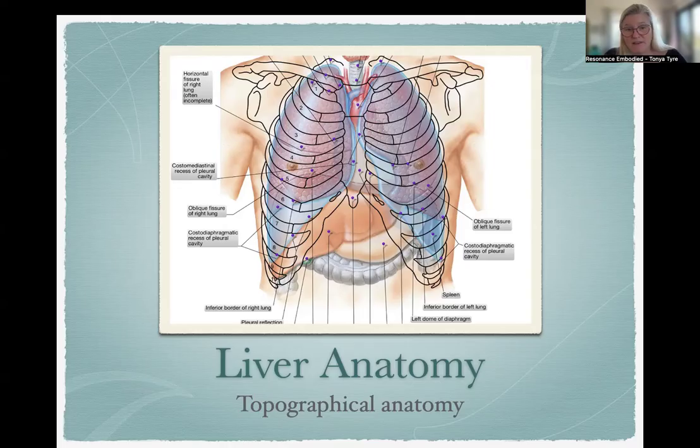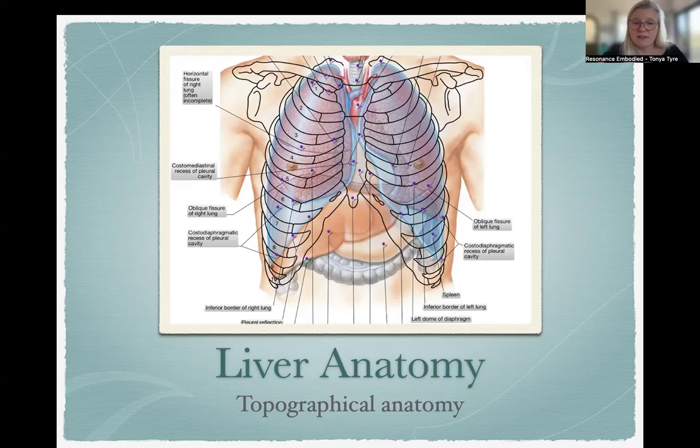Another thing that might affect the liver is a history of pneumonia or something like that, which can really affect those pleural recesses that are draping the liver. So this is something to consider in terms of looking at the liver not as an isolated organ, but as something that's really interfacing with many other things.